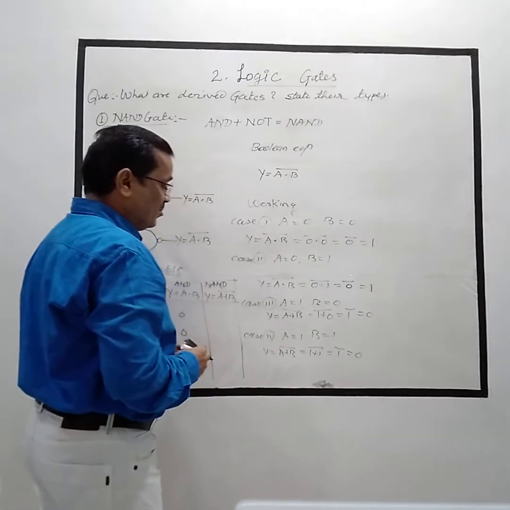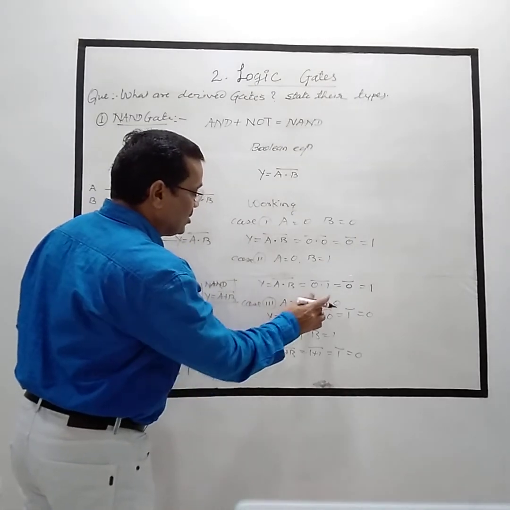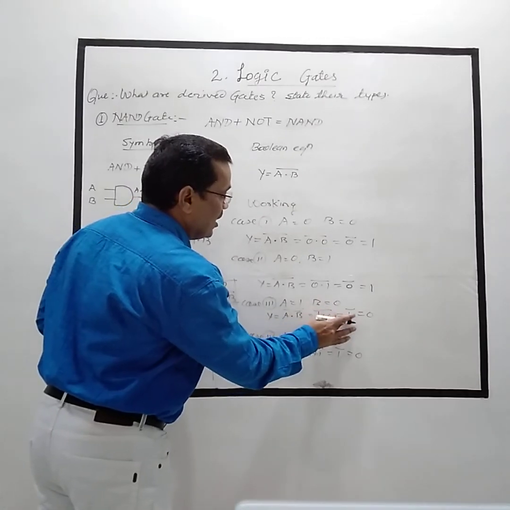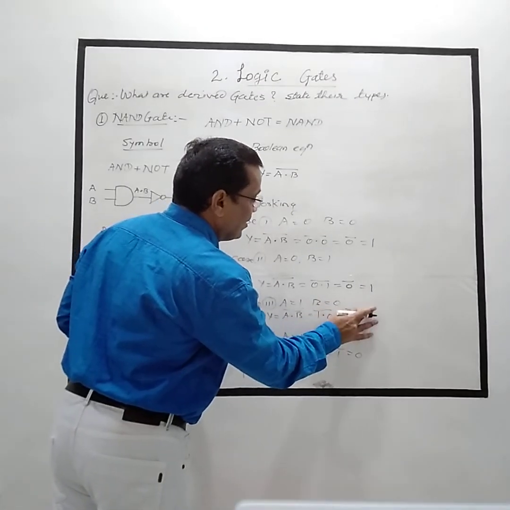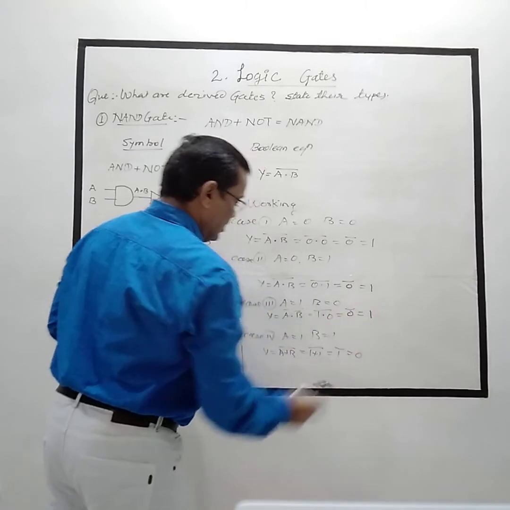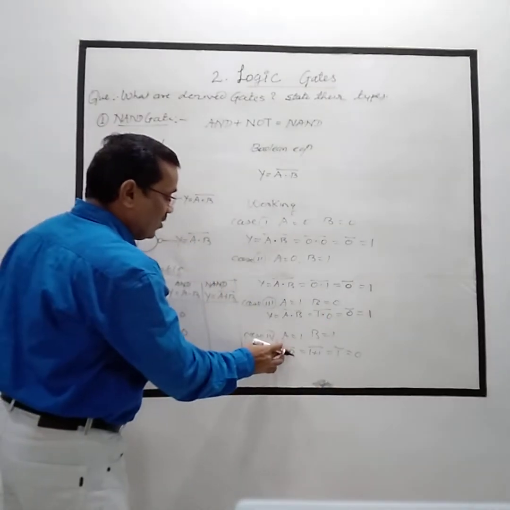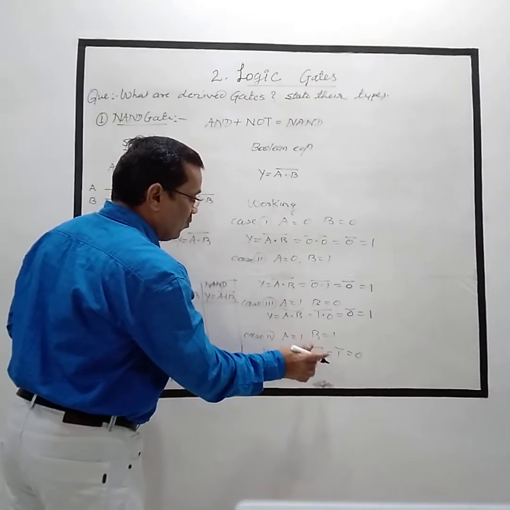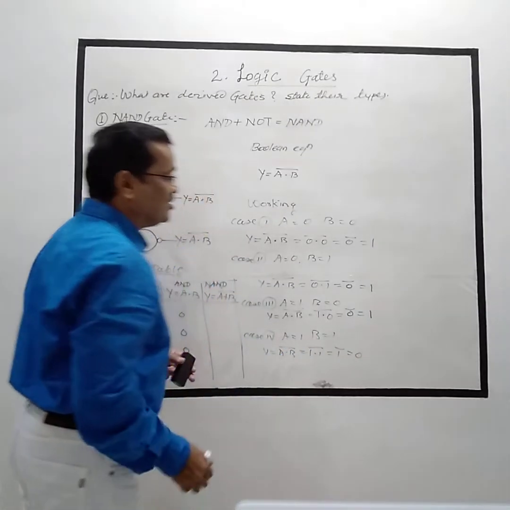Now, case number 3, A is equal to 1, B is equal to 0. 1 dot 0 is 0 and 0's complement is 1. Last case, A is equal to 1, B is equal to 1. A dot B whole complement, 1 dot 1 is 1 and its complement is 0.